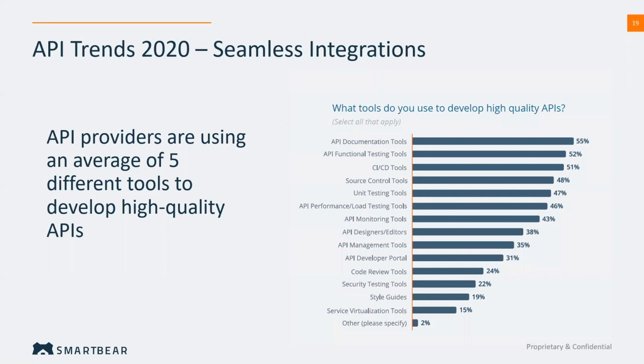I've been harping on about Swagger Hub a little bit, but one thing I would always stress is that if you're an API provider, no one tool is going to be a silver bullet for all of your API delivery and management and gateway and deployment and design needs, right? Very rare that you're going to have one tool that does it all. And we found that in the survey as well, that most providers are using an average of 5 different tools to develop high quality APIs.